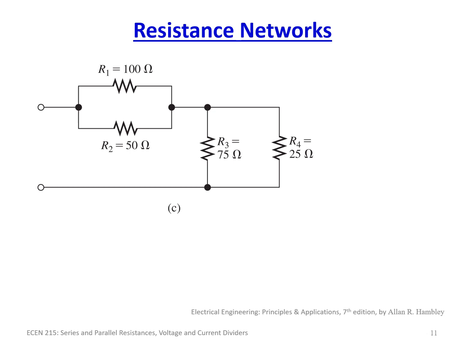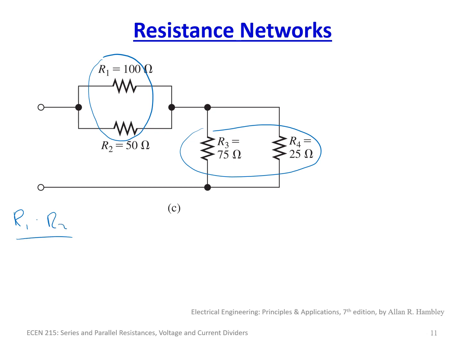For this slide here, we have two groups of parallel resistances that are in series. So let's take a look at that. We have this one here, and then we have this one here. We're going to use the equation R1 times R2 over R1 plus R2 is equal to the equivalent for two parallel resistances.